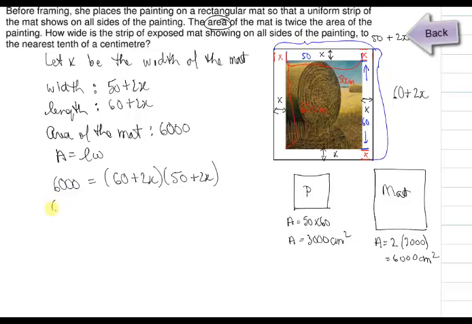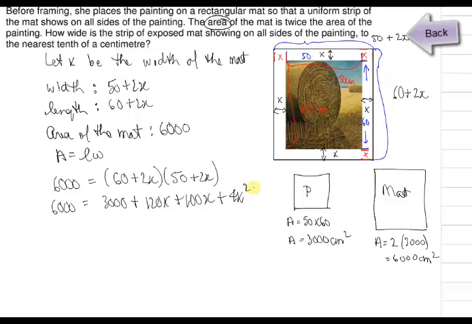So the first thing that I want to do is expand. I'm going to FOIL this expression. And when I do, 60 times 50 is 3,000. 60 times 2x is 120x. 2 times 50 is 100x. And 2x times 2x is 4x squared.